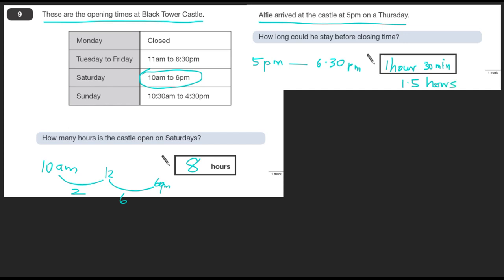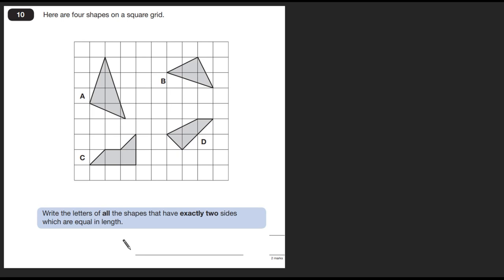Question number 10. Here are 4 shapes on a grid. Write the letters of all the shapes with exactly 2 sides of equal length. In A, I can't see any sides that are equal.